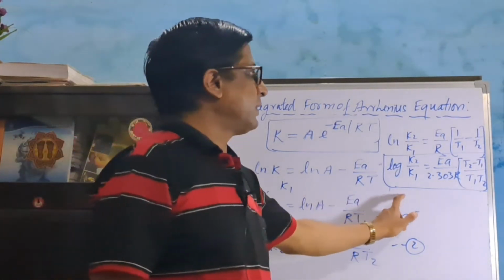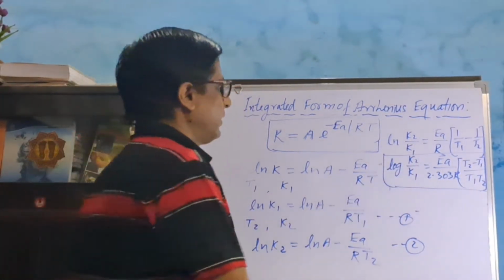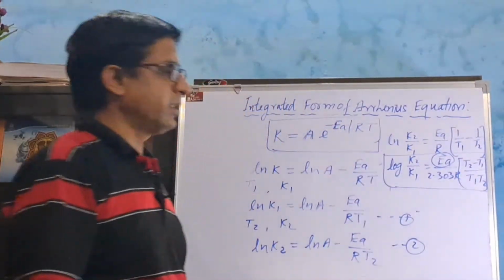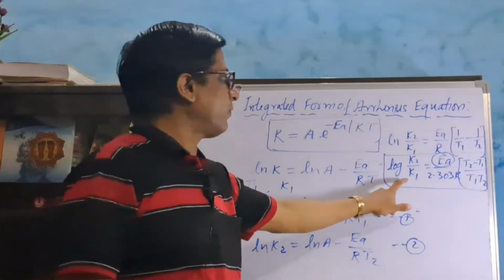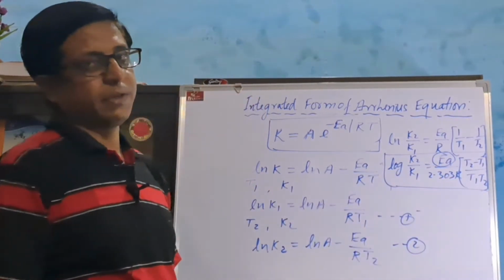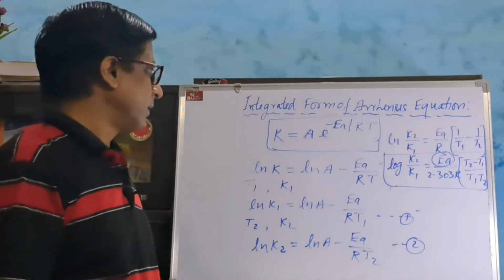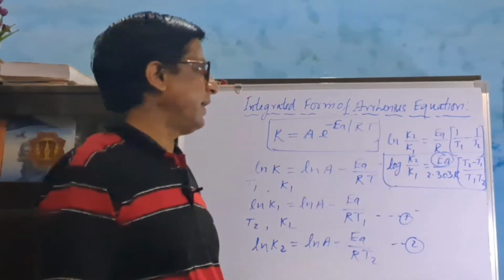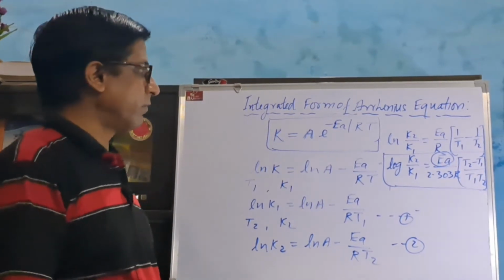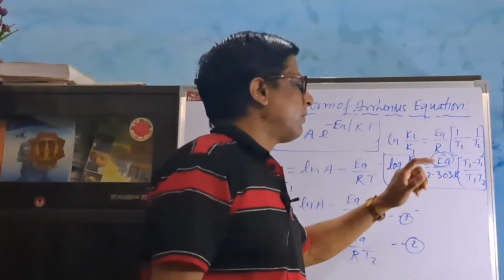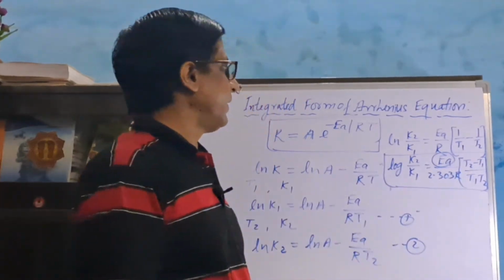By using this equation, we can calculate the activation energy Ea for a given reaction if we know the value of rate constant K1 and K2 at the temperature T1 and T2 respectively. We can easily calculate the value of activation energy by knowing the values of rate constant at two different temperatures.